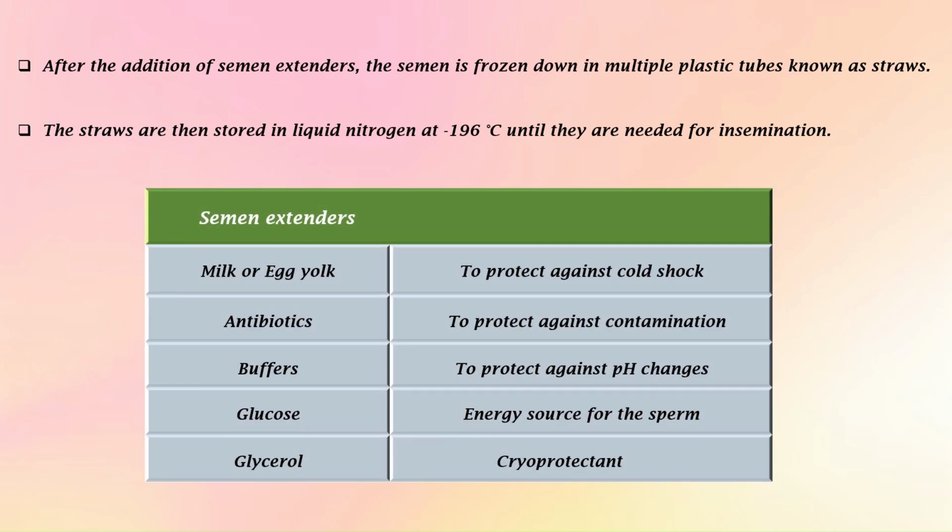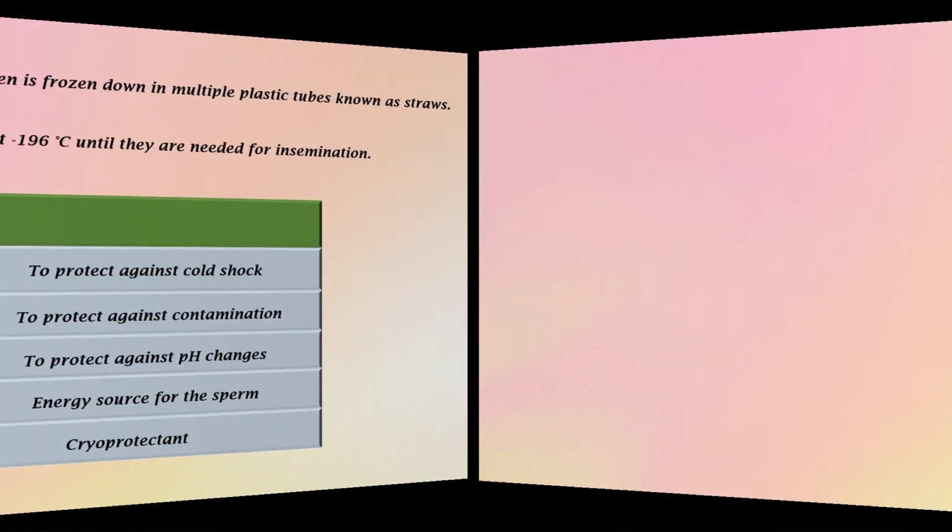The conventional semen extenders include milk or egg yolk, that protects against cold shock, antibiotics to protect against contamination, buffers to protect against pH changes, glucose provides energy source for the sperm, and glycerol acts as a cryoprotectant.